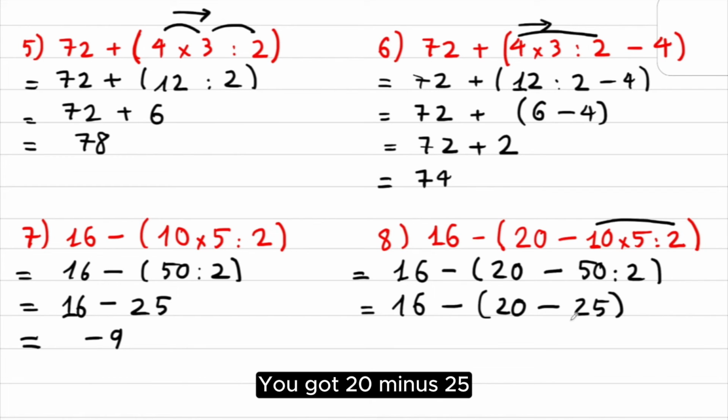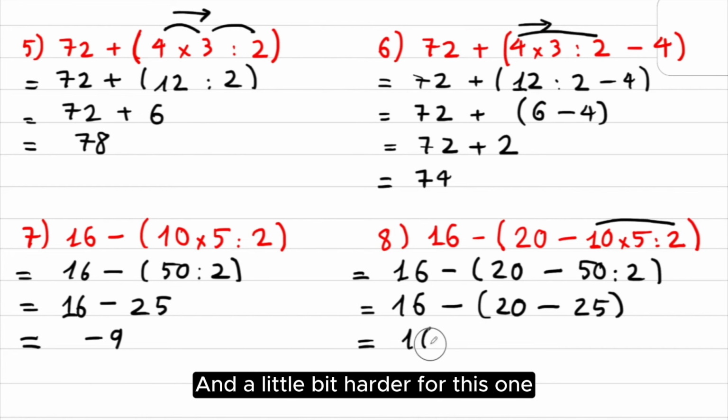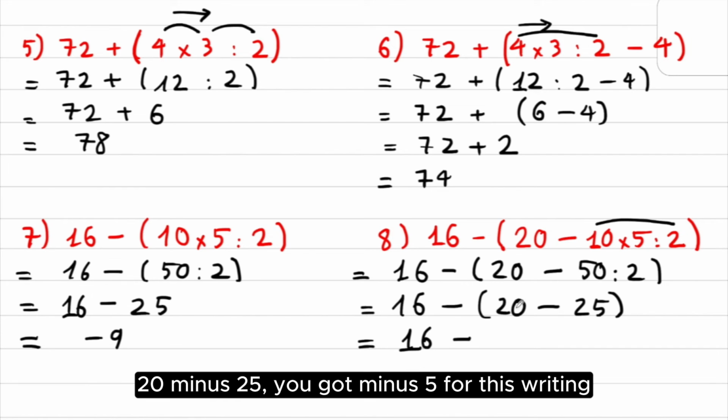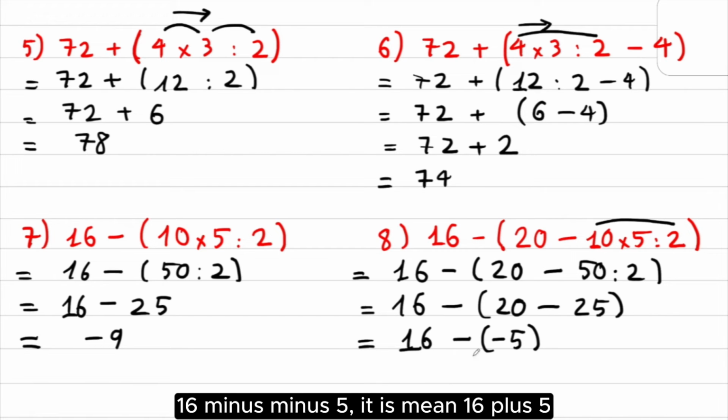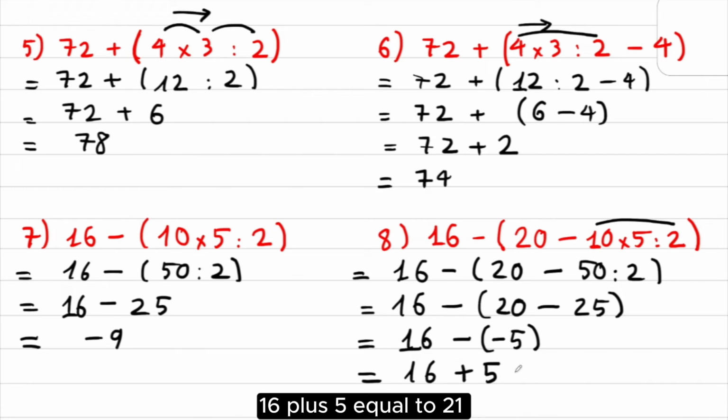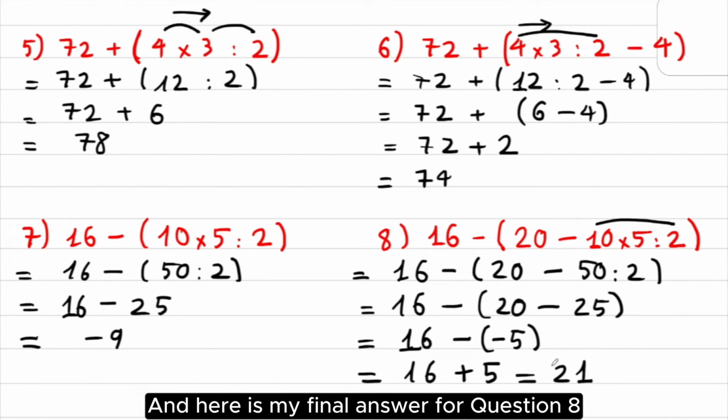You get 25. 20 minus 25, and a little bit harder for this one. 20 minus 25, you get minus 5. 16 minus minus 5 means 16 plus 5. 16 plus 5 equals 21. And here is my final answer for question 8.